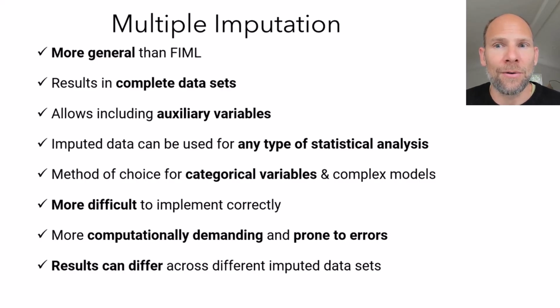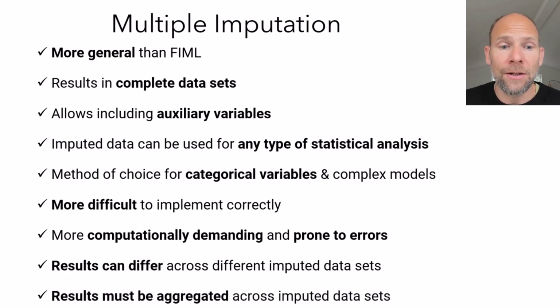That is different with FIML. With FIML, there's one and only one solution, and that will typically be stable across different computers or different runs. So this is something you should keep in mind: between imputations there's variation in the results, and the results need to be aggregated across multiple imputed data sets.